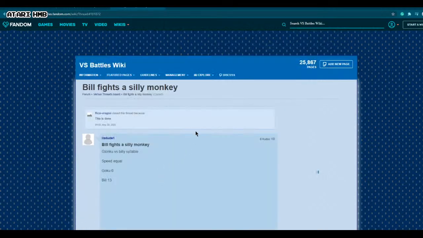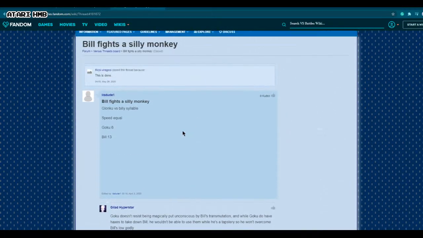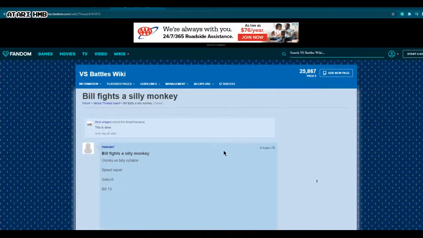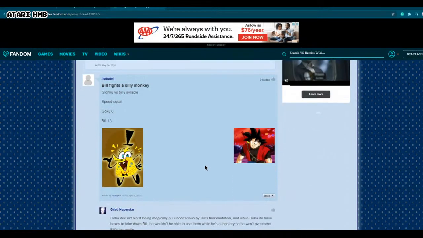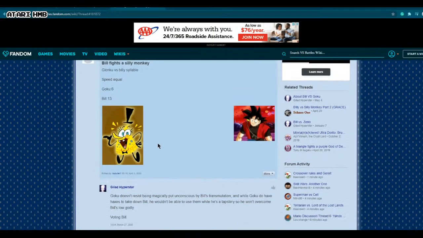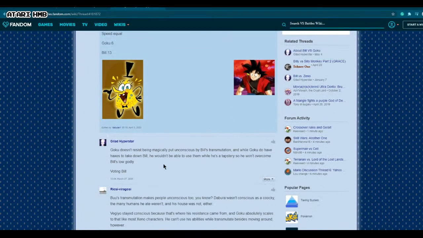Bill fights a silly monkey. So all they do is go off votes. That is so stupid. Goku doesn't resist being magically put unconscious by Bill's transmutation, and while Goku has hacks to take down Beerus, he wouldn't be able to use them while he's a tapestry.